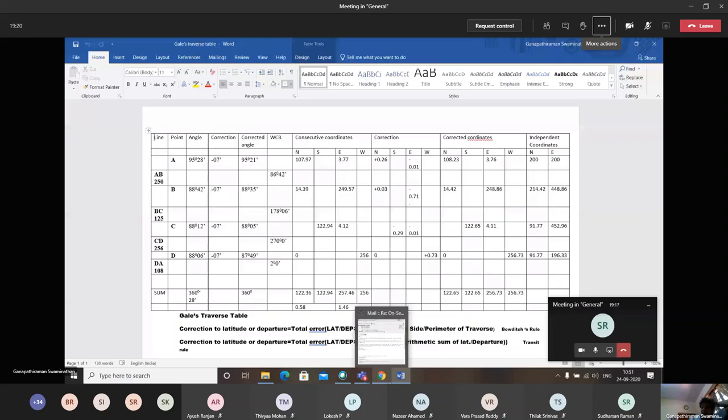200 is the latitude, north, and 200 is the east. That is the coordinate arbitrarily assumed for point A. So if you look at it, the corrected coordinate is 14.42. 14.42 plus 200 becomes 214.42. 200 plus 248.86 becomes 448.86. Then the south coordinate comes 214.42, 122.